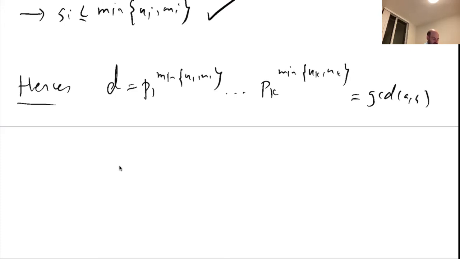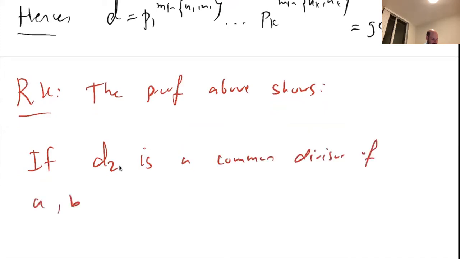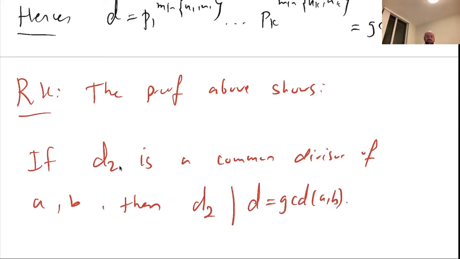So note here, important remark: the proof above shows that if D2 is a common divisor of A and B, then D2 will divide D, which is the GCD of A and B. So by definition of GCD, we know that GCD is the greatest common divisor.